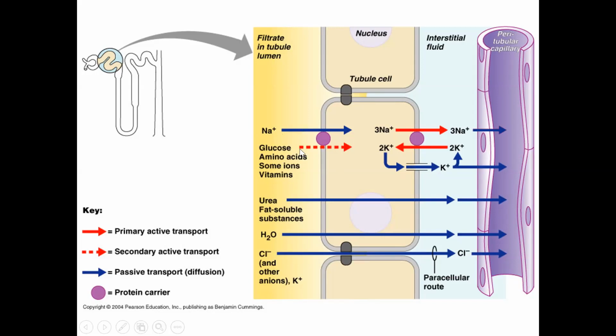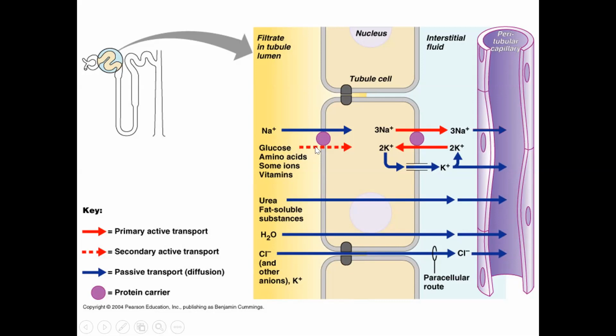Okay, but in this type of transport, when sodium is moving into the cuboidal cell, at the same time it drags a glucose with it. So in other words, this carrier not only carries sodium in, but also can carry a glucose molecule in. All right. So remember when the blood is being filtered out, all the glucose molecules will get into the filtrate.